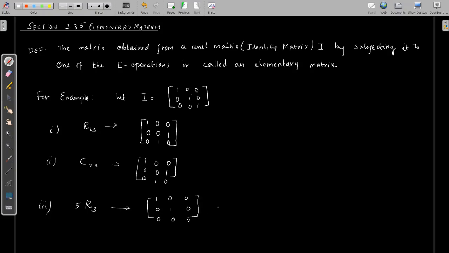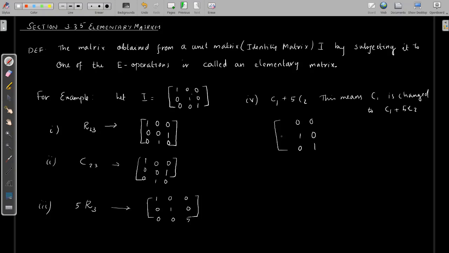Then you can perform another elementary column operation, C1 plus 5C2. This denotes that we add 5 times the elements of C2 to the corresponding elements of C1. So there is change only for the first column.